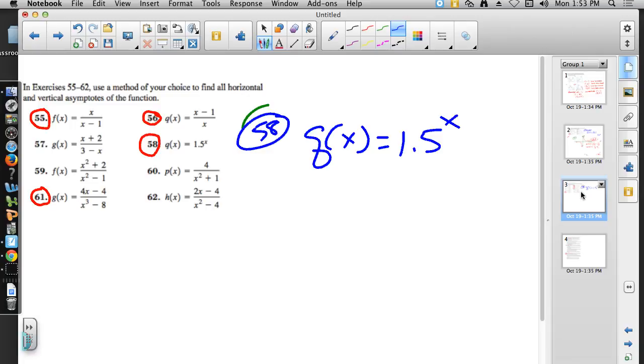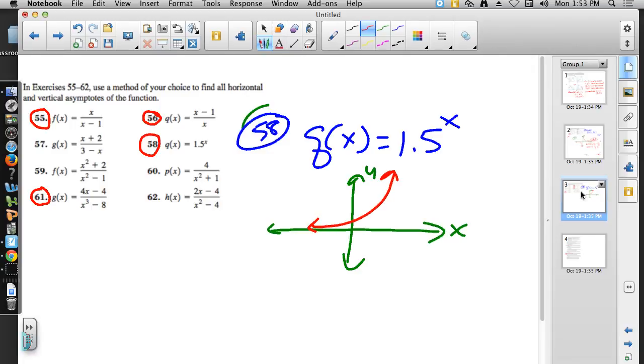What you might want to do with this one is graph it to take a peek at it, although this is exponential growth. Hopefully you remembered that. What we see here is that we're never going to reach that x-axis. Graphically, this one is a little bit easier to do. We don't necessarily see all the things that we were looking for in hyperbolas, so we should really take a peek at this one graphically to understand what's going on.